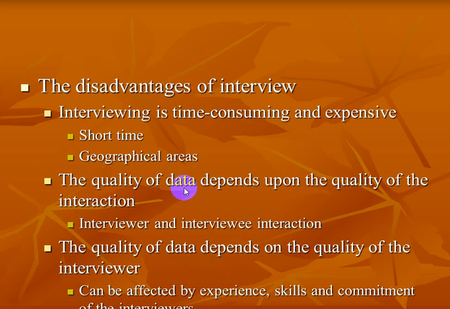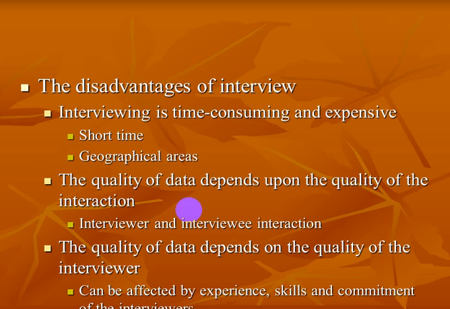And next, the quality of data depends upon the quality of the interaction: how good the interviewer is, and how well the interviewer asks the questions of the interviewee. Otherwise the interviewee cannot give you the exact answer or exact perspective or concept toward the question concept that you want to hunt for in your research.